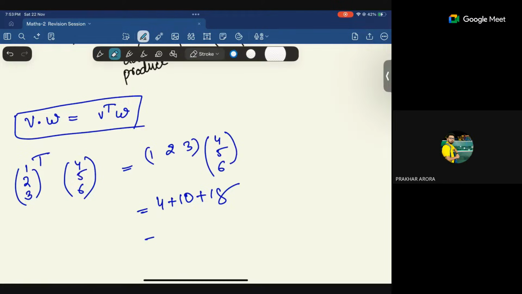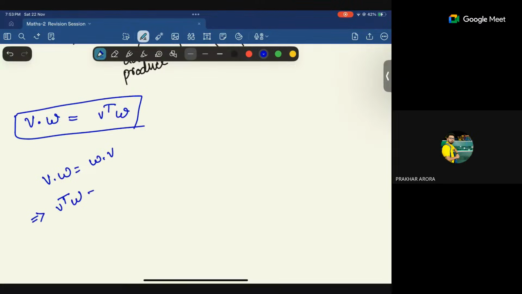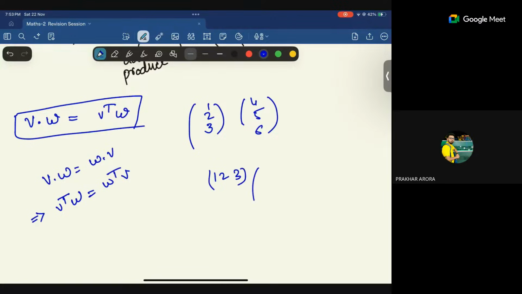Is this clear? Now the important thing from the dot product is that v dot w is equal to w dot v. What is the meaning of this? This means v transpose w is the same as w transpose v. See this 1 2 3 and 4 5 6. When I multiplied 1 2 3 by 4 5 6, what did I actually do?